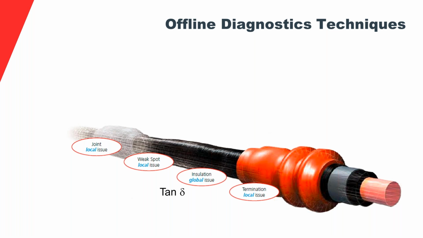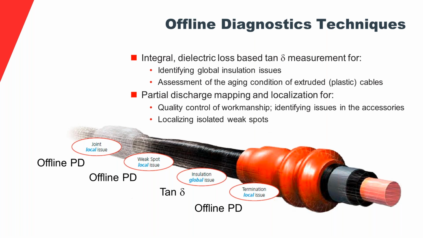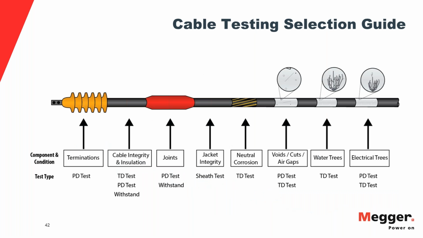The tan delta is the global test, and the PD testing is for the localized issues. And while the tan delta is not able to localize because it's an integral measurement, you're integrating over the entire insulation, the partial discharge diagnostics will be able to pinpoint the problem. This is an overview, and again, most of this will be covered in parts 2 and 3.